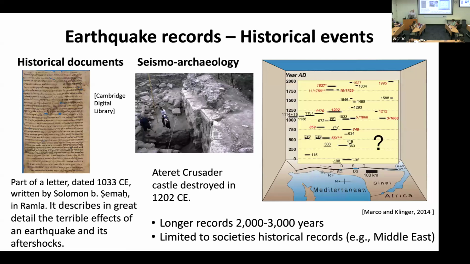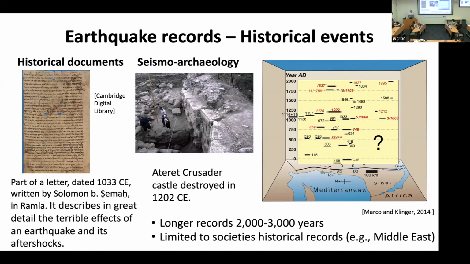It's called the Cairo Geniza, with tens of thousands of documents from different periods. This particular document, from 1033, was written by a man who lived in Ramla, in Israel. He described in great detail the terrible effects of an earthquake and its aftershocks. So this is an example of a historical document.